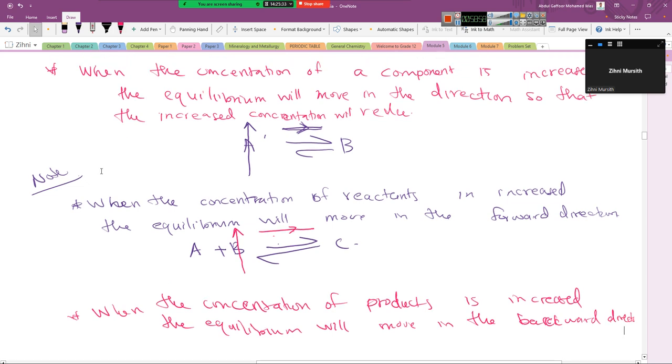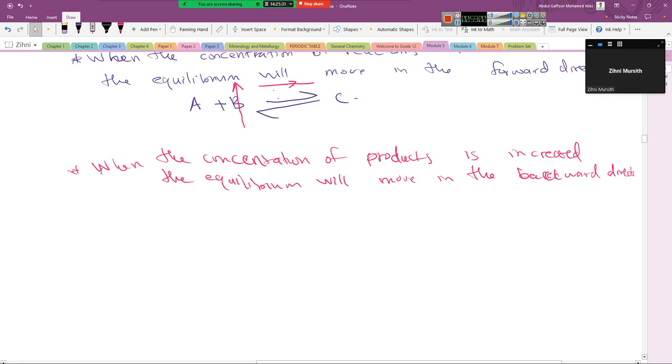For example, I'm going to take the same example again, but otherwise, if I take it like this, A decomposes to B and C. Now if I increase the concentration of C, what will happen? If you increase C, it will shift towards the backward reaction, to the backward direction.